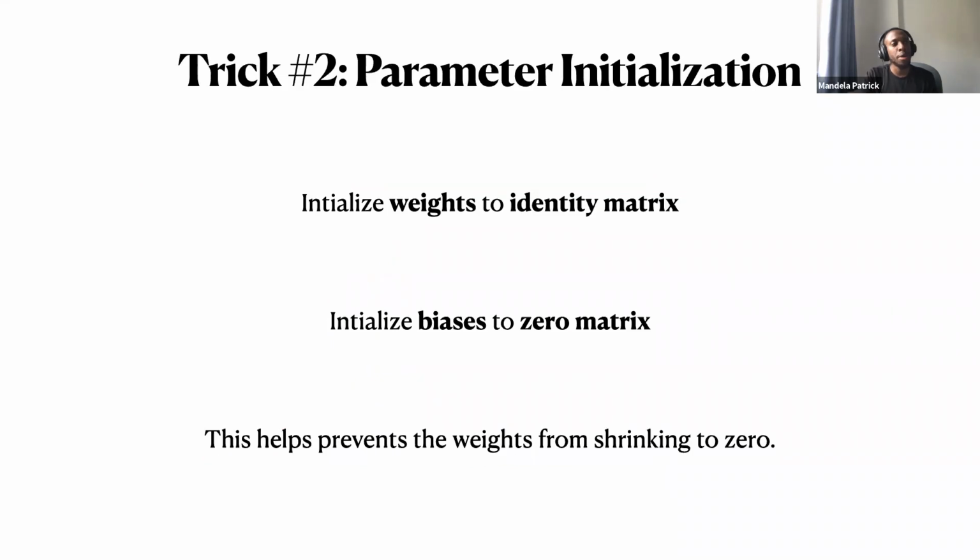And then for parameter initialization, we initialize the weights to the identity matrix, which is a matrix with all ones along the diagonal, and we initialize the biases to a zero matrix. This helps keep the weights from shrinking to 0 during backpropagation.